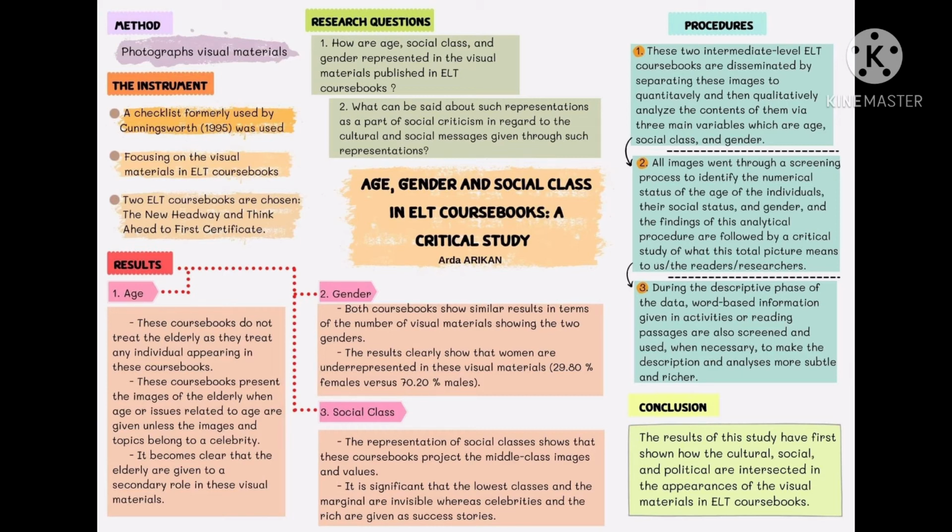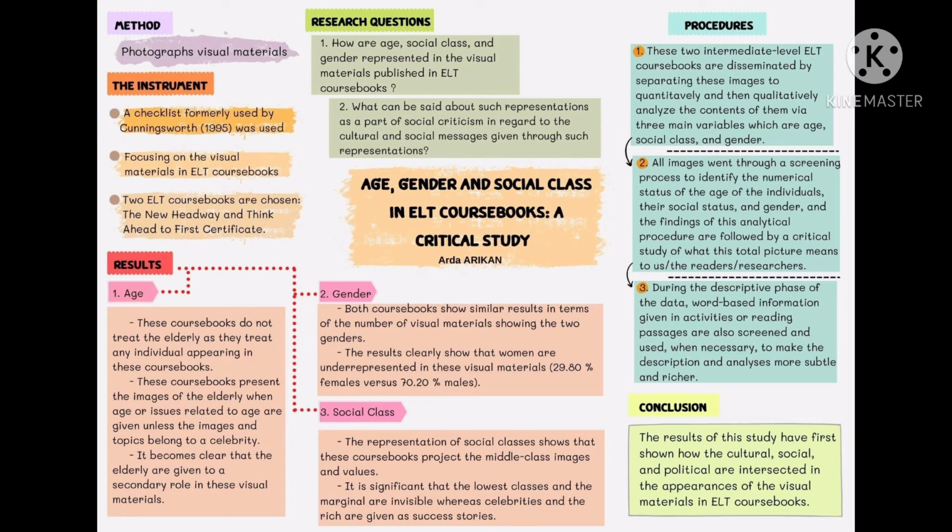The findings of this analytical procedure are followed by a critical study of what this total picture means to us, the readers and the researchers. During the descriptive phase of the data, word-based information given and activities or reading passages are also screened and used when necessary to make the description and analysis more suitable and richer.